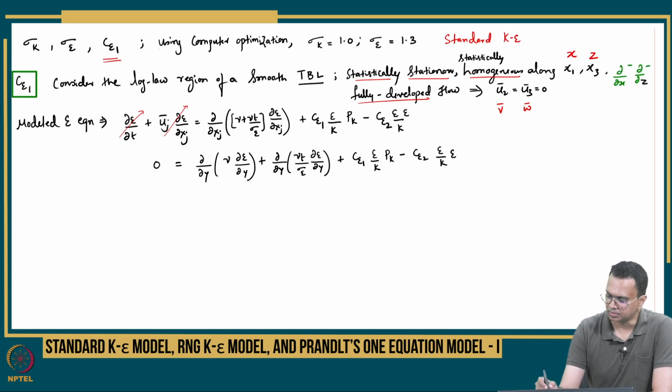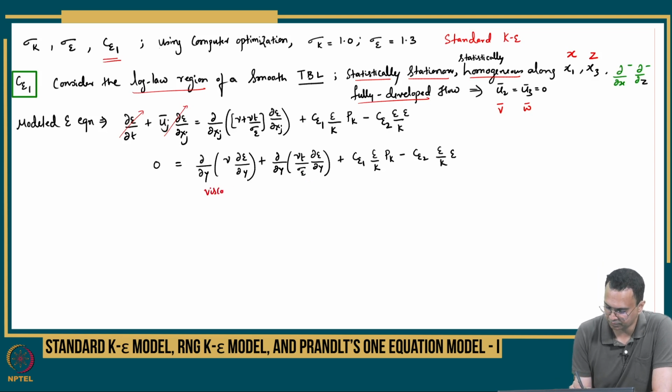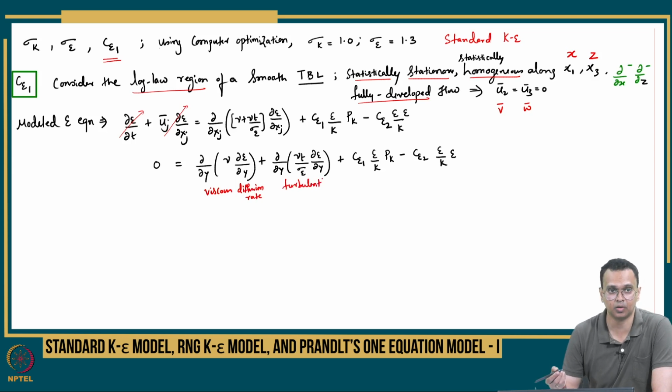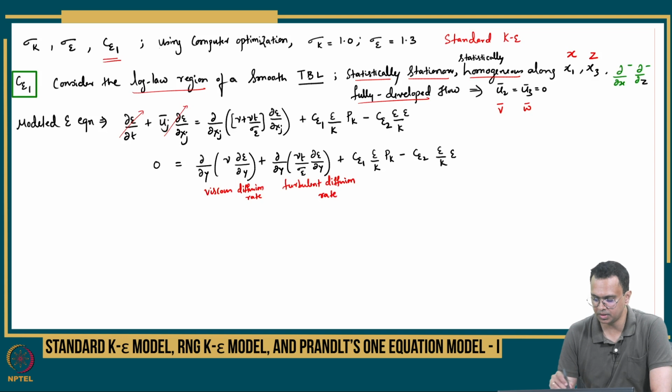Now in a log law region, when we look into the transport terms, which term is dominant here to first order and which one will be negligible? You have this viscous diffusion, this turbulent diffusion rate, and the pressure term we dropped in the k model, and therefore it was dropped also in the epsilon model. So which is dominant in the log law region? The turbulent diffusion rate, right?